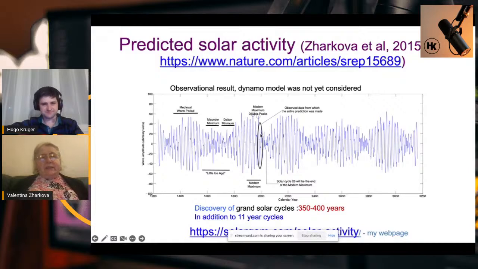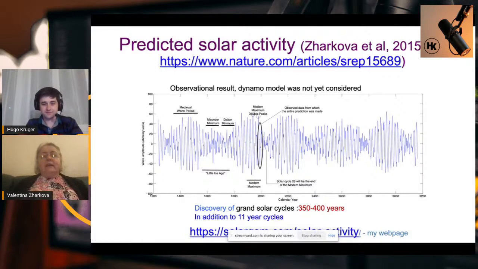So what we discovered is the so-called grand solar cycle. This is when the amplitude of the cycle from the 17th century to the 21st comes through the maximum and comes to the minimum again. You see that?